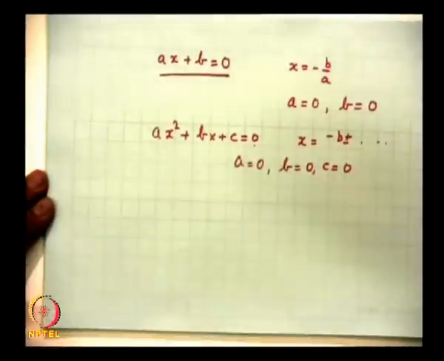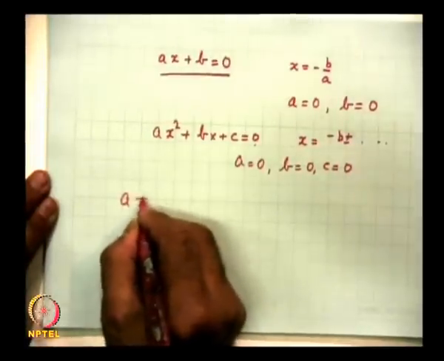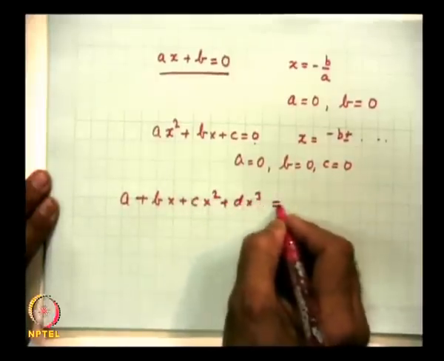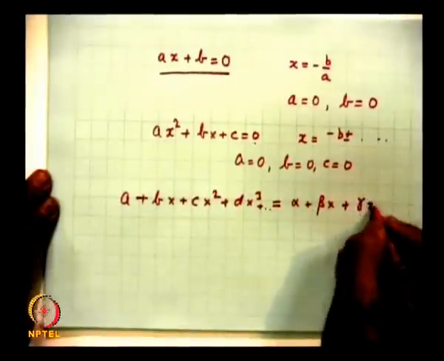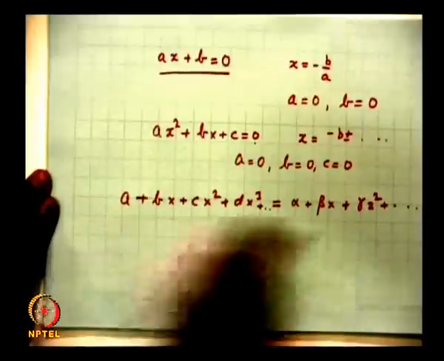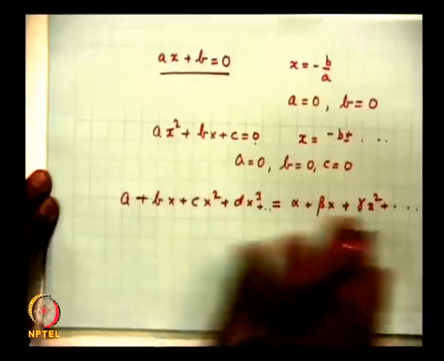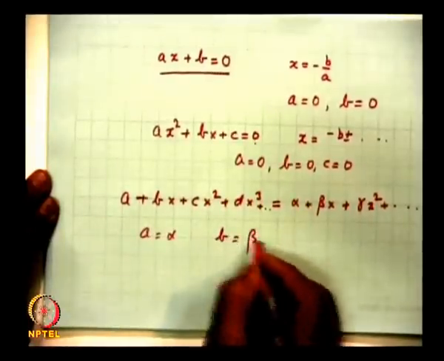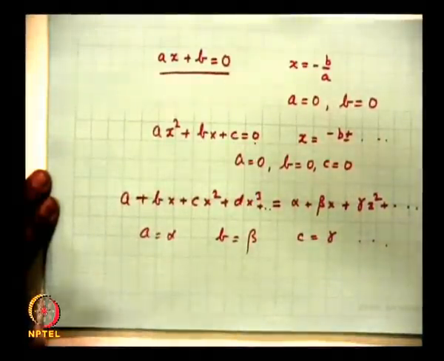This has to be valid for all values of x. And so, therefore, on the left hand side, let us suppose I have a plus bx plus cx square plus dx cubed and so on, and on the right hand side you have alpha plus beta x plus gamma x square and so on. Then for this equation to be valid for all values of x, A must be equal to alpha, B must be equal to beta and C must be equal to gamma and so on. So, that is the property of an identity.